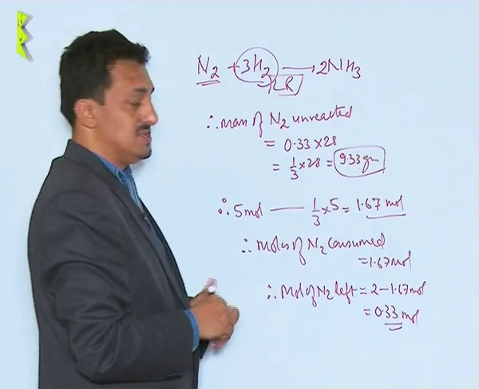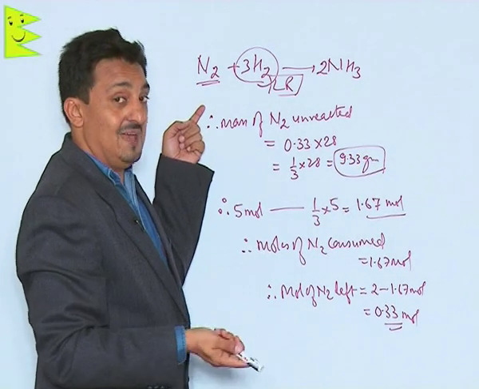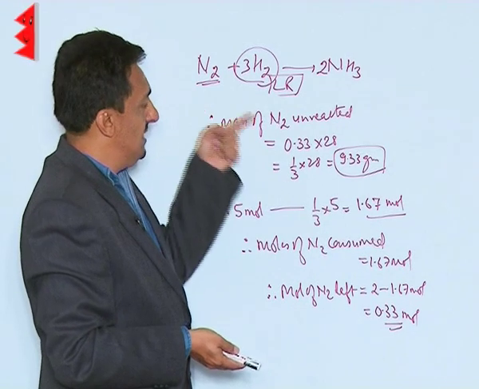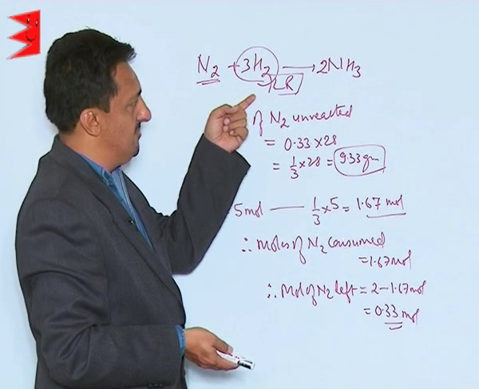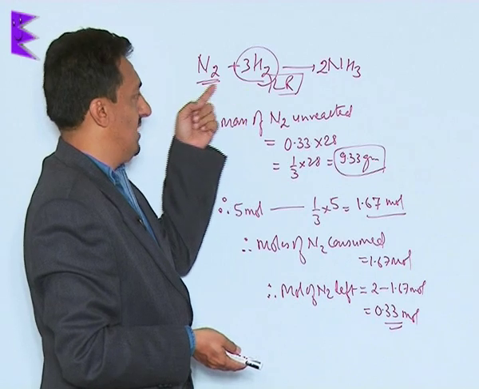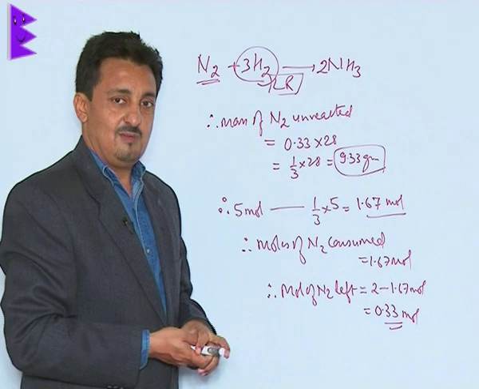So this much remains unreacted out of the 56 grams, and the rest combines, the whole of the hydrogen combines, rest of the nitrogen combines to give you the balance amount of the ammonia.